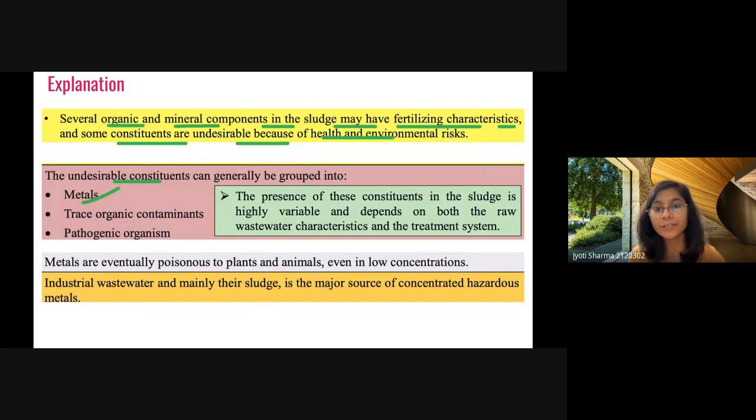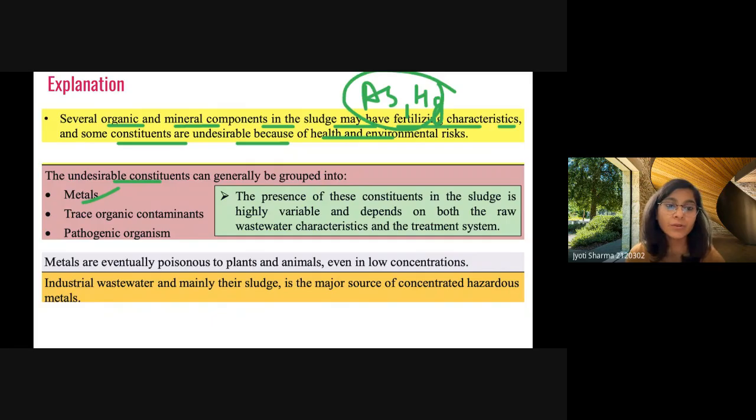For example, arsenic, or mercury, let's say. These are the metals that are very toxic for human beings. So we should not have such metals in the sludge, and if this is the condition, we have to remove it.